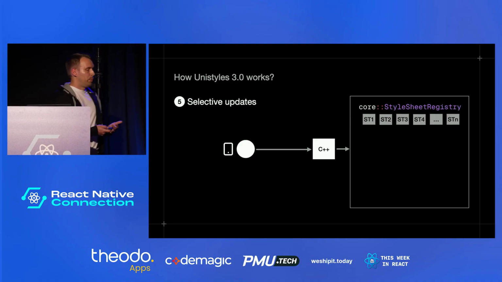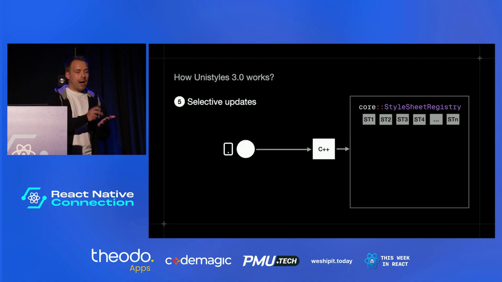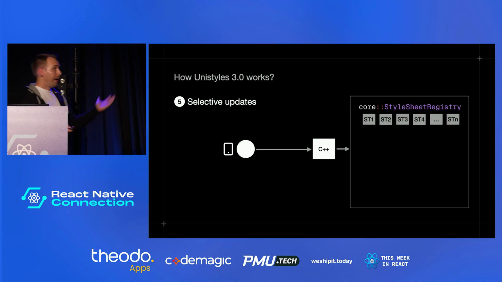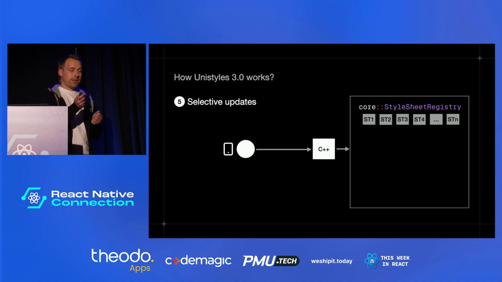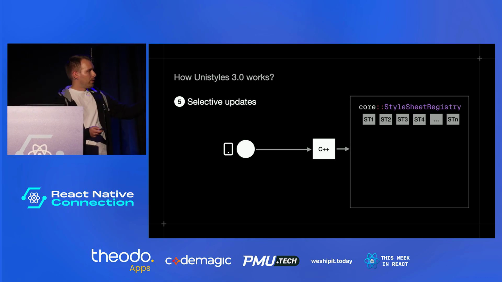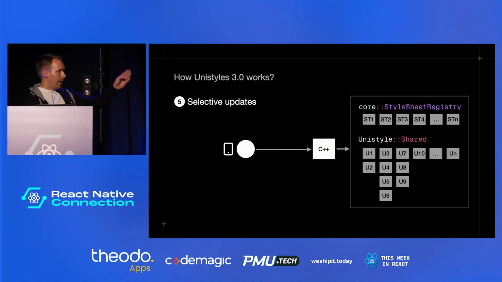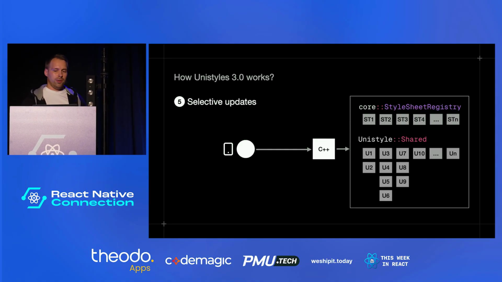This event may be produced by the user, for example, when clicking on the button to switch the theme, or by the device, like changing device orientation. And whenever you send some kind of event, I will look for any style sheet in the C++ registry that contains one or multiple Unistyles.